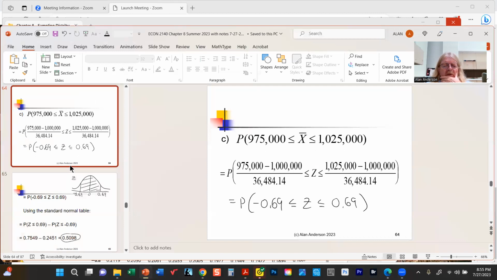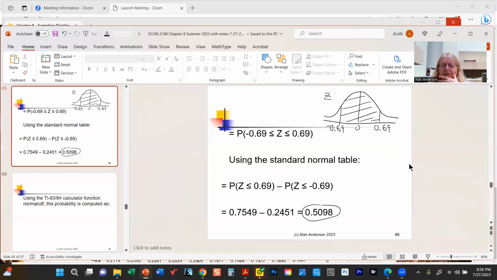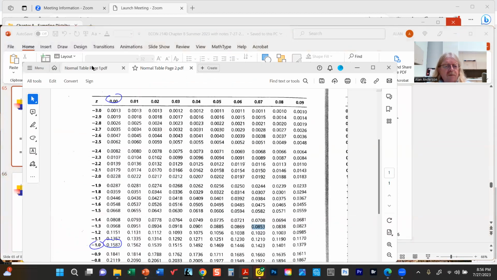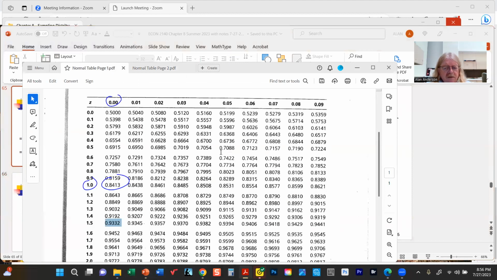And then finally, we have an in-betweener, 975,000 up to 1,025,000. As usual, we can convert this into z-scores, which in this case happens to be between negative 0.69 and positive 0.69. So we have to subtract one from the other, which we've seen many times before. Go to the two tables. We have to look this up. Once in the positive table, 0.69 is right about here.